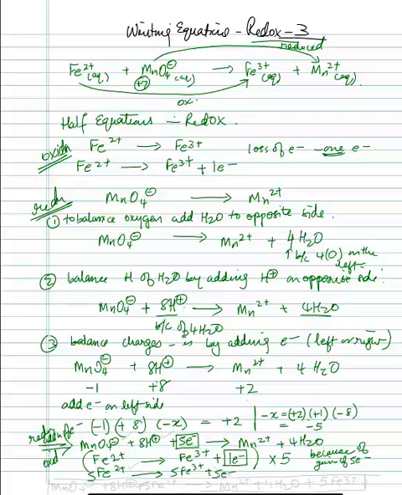Now I can add up my equations, the MnO4- and the iron. Since I don't have so much room over here, I'm going to squeeze this in. My 5 electrons will get crossed out. And I have MnO4- plus 8H+. That's taken care of.